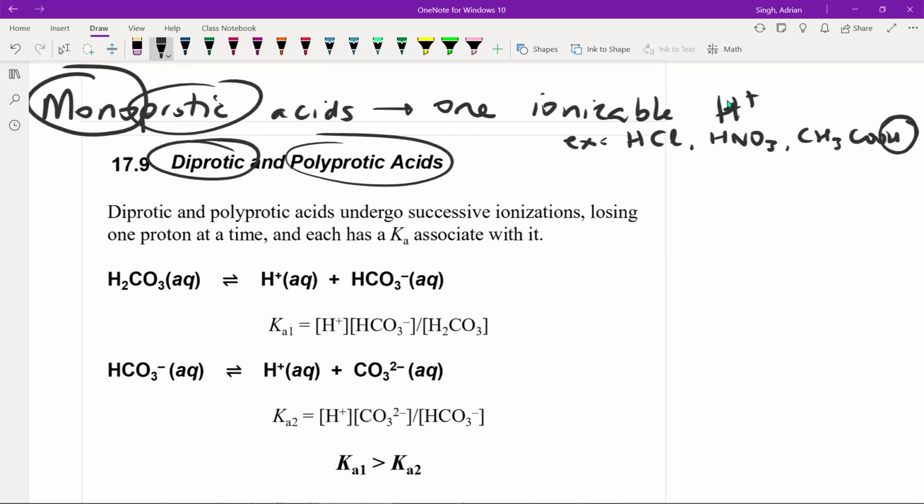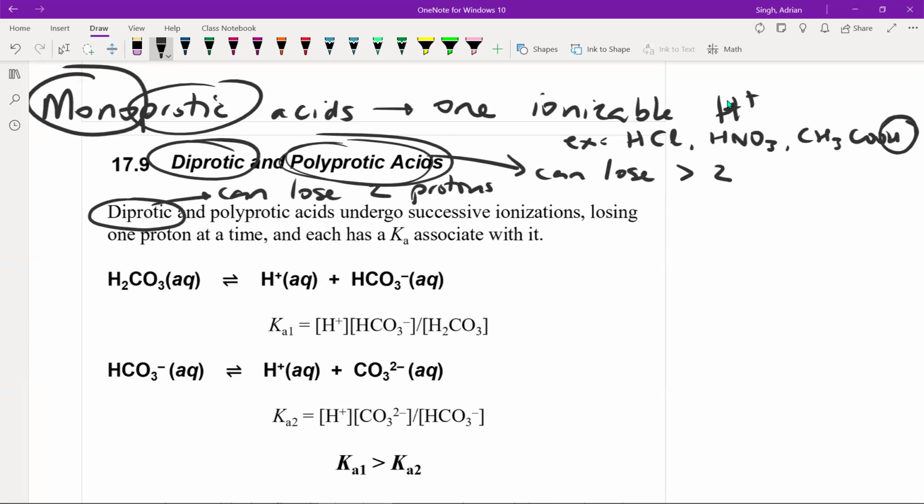So you can maybe guess where we're going with this. A diprotic acid is one that can give up or lose 2 protons when it ionizes. And then polyprotic can ionize or lose more than 2 when they ionize. So poly meaning many, di meaning 2.